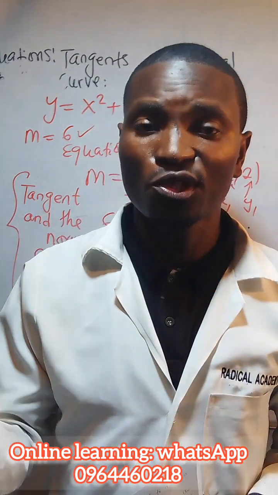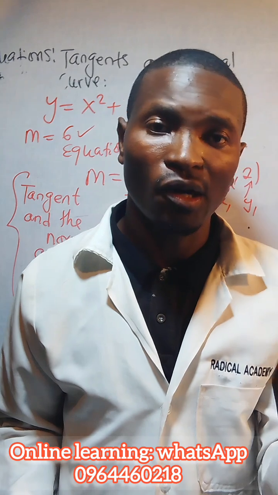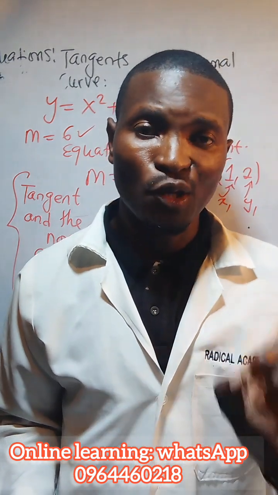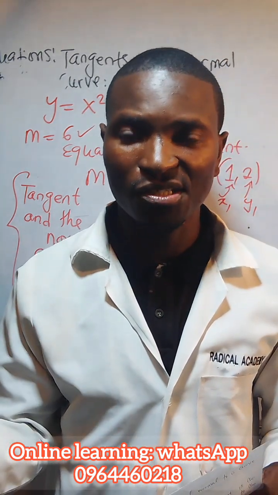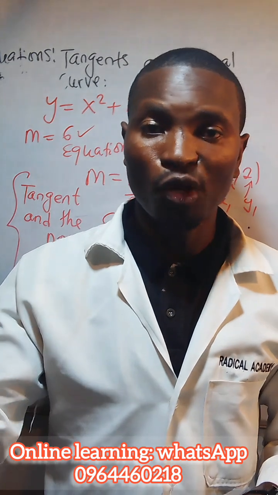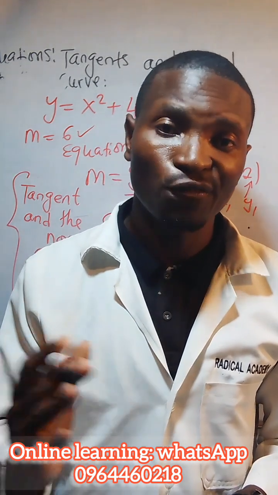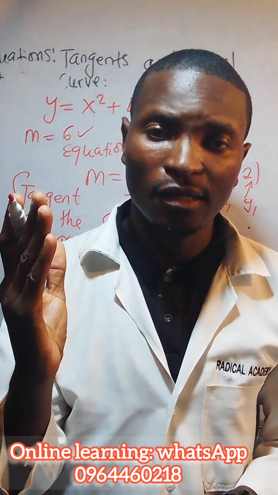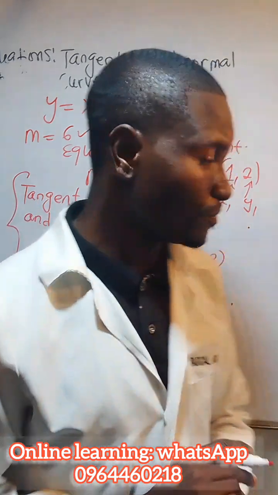So now what you're supposed to find is the gradient of the normal, because the gradient of the tangent has been found to be m equals 6. So we are going to find the gradient of the normal.